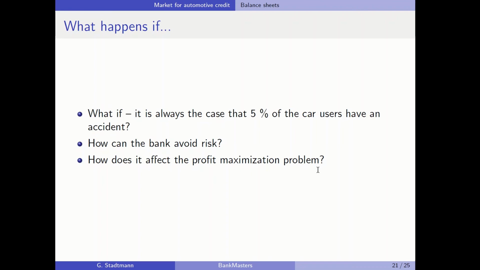Another idea is that we incorporate the information that 5% of the car users have an accident in the profit maximization problem, and then we have to adjust maybe the interest rate in the automotive credit market. This is another idea to solve this kind of problem.